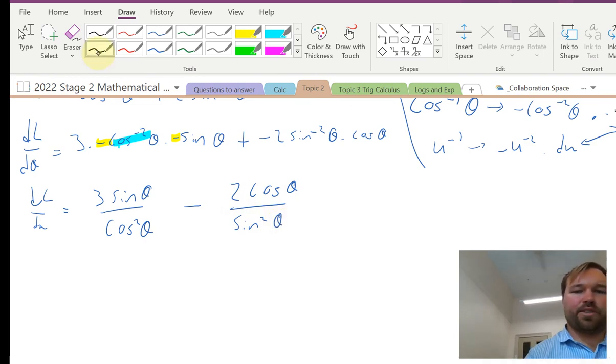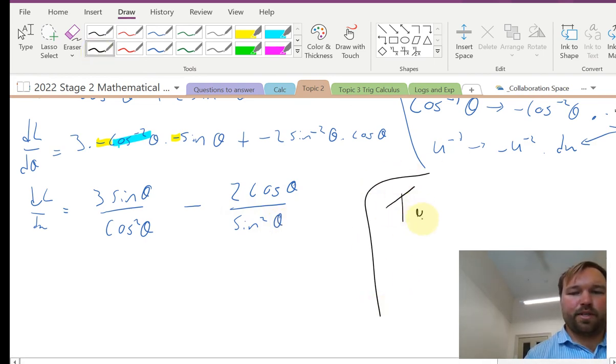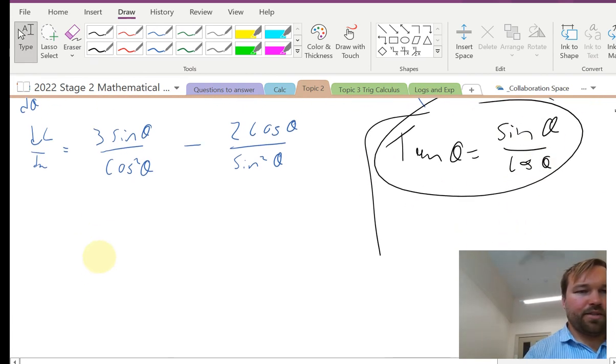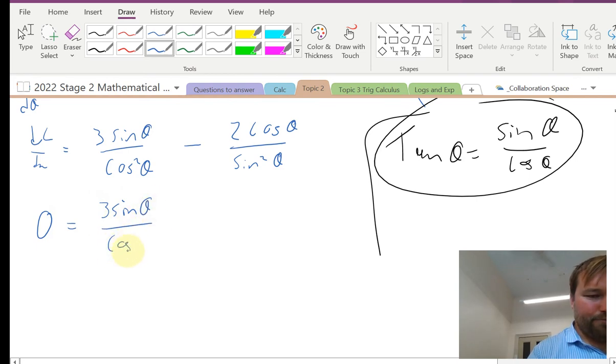Now, quick aside, you guys will need to remember that tan theta is sine theta on cos theta. That'll be important in a second. Alright, so then we set it equal to 0. 0 equals 3 sine theta on cos squared theta minus 2 cos theta on sine squared theta.